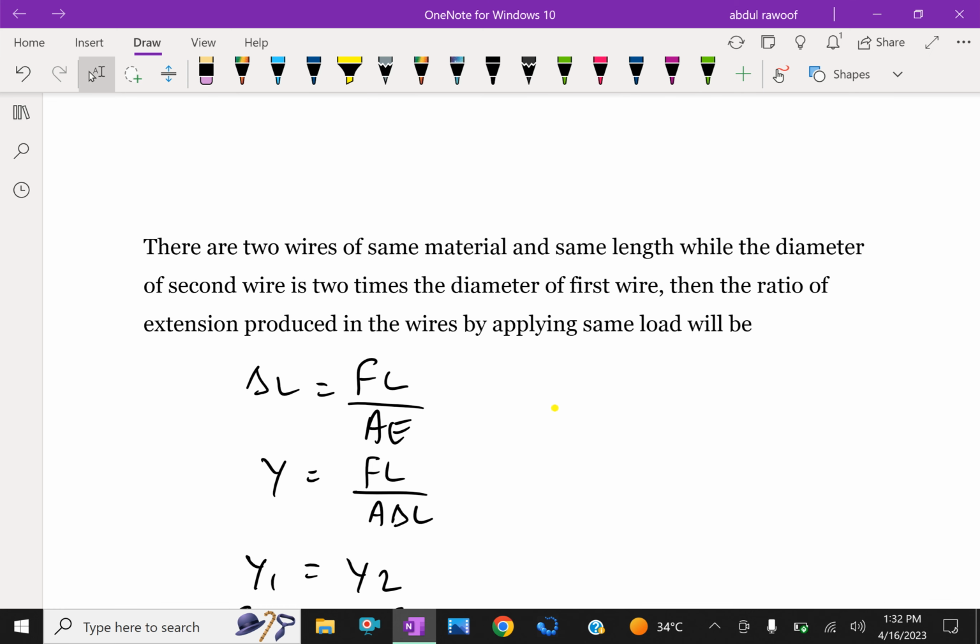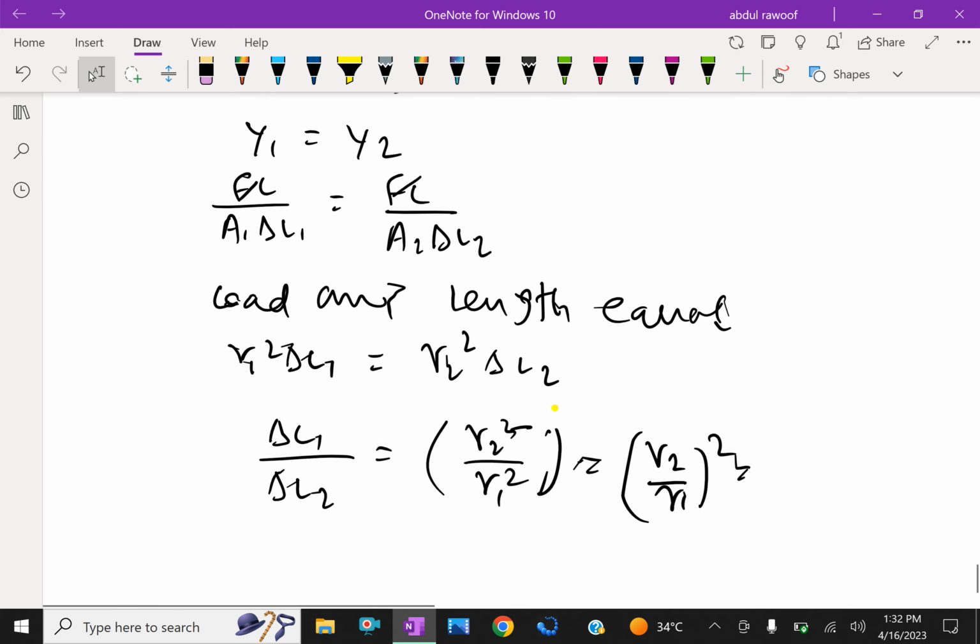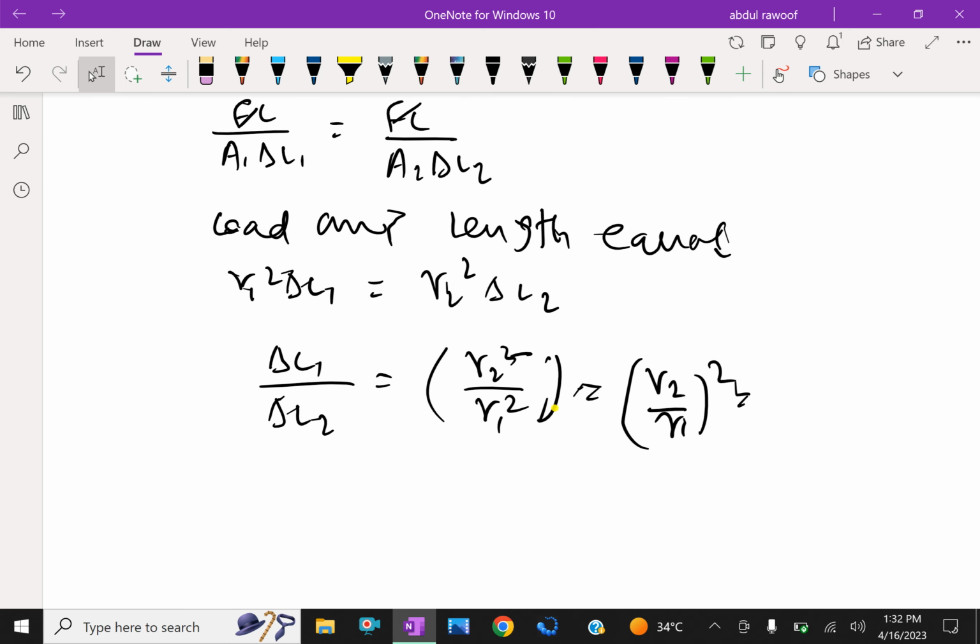The diameter of the second is 2 times the first, that is 2 by 1 whole square, 2 square equal to 4. Therefore delta L1 ratio delta L2 equal 4:1.